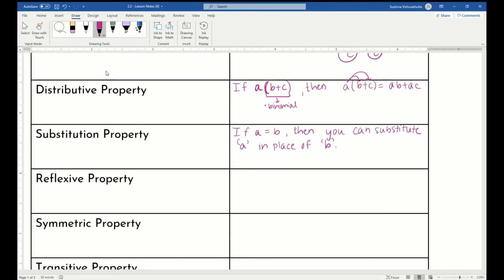It depends on how you read it, because you could also say B equals A. So if A equals B, then you can substitute A in place of B or B in place of A. So anytime you have substitution, if you are given x equals 3, then find or evaluate 2x plus 3, that is usually when you substitute.